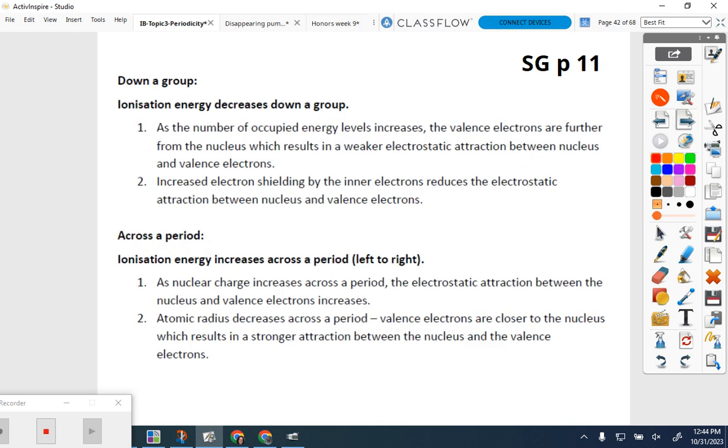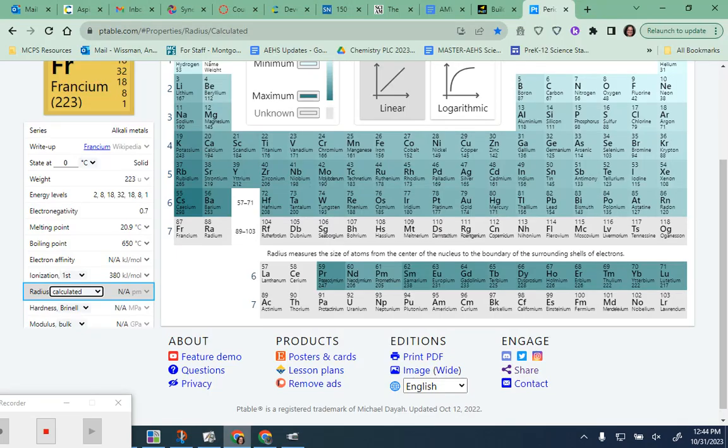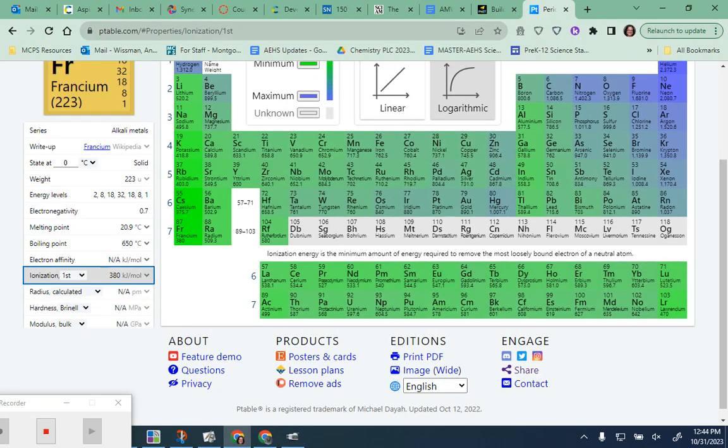Okay. So, generally speaking, if we look at this on the P-table and click over to ionization, you can do a drop down and it'll give you first through 30th. So the first amount of energy it takes to remove the first electron, then the amount of energy to remove the second electron, and then the third. But we're just going to focus on first.